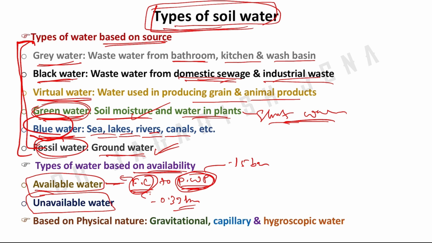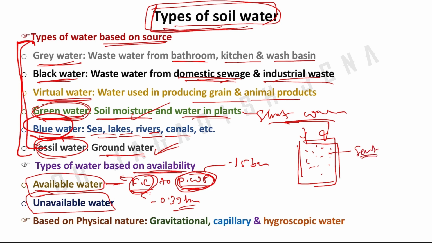What is field capacity? As we have already discussed, soil has both micropores and macropores, and when we irrigate or when rainfall happens, these micro and macropores are filled with water. At that point, that is called saturation.